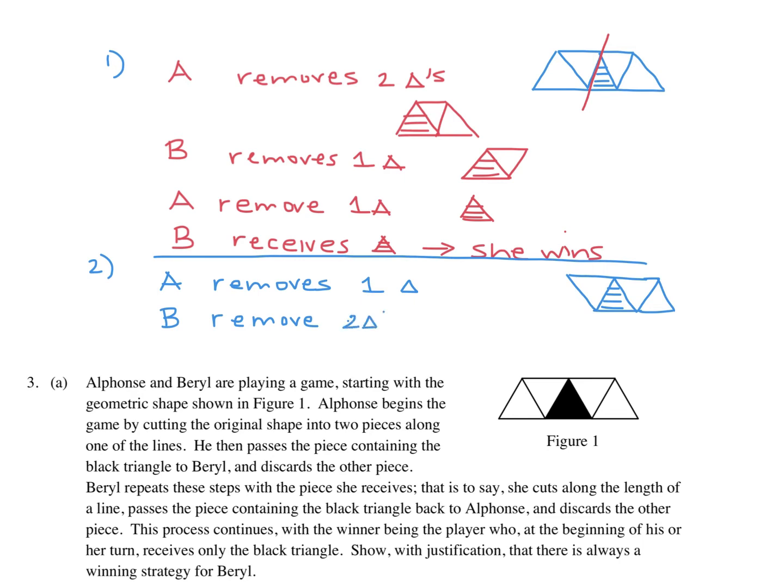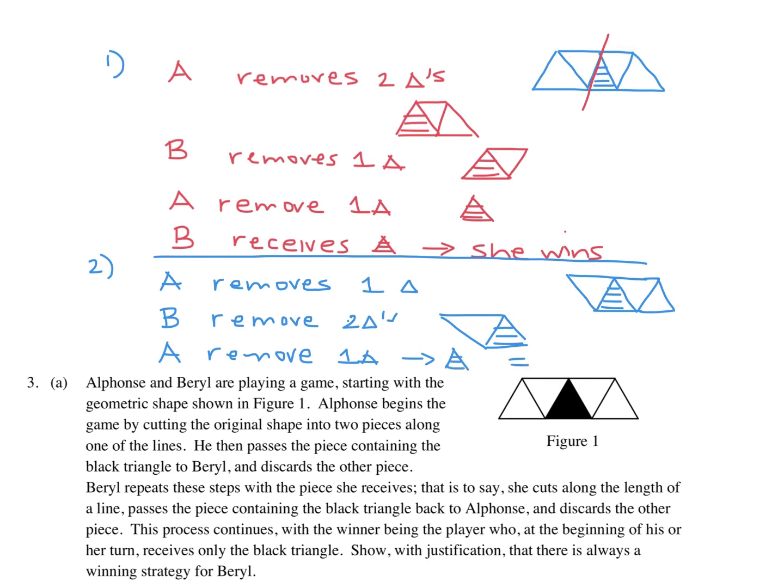Okay. So then the next step, Beryl's turn, she will remove 2 triangles. So she will cut off those 2 guys. And then if that's the case, you're left with this shape where this is the black triangle. And then Alphonse has no choice but to remove just the final one, that one triangle, this one. And when that is removed, it leaves just the black triangle.